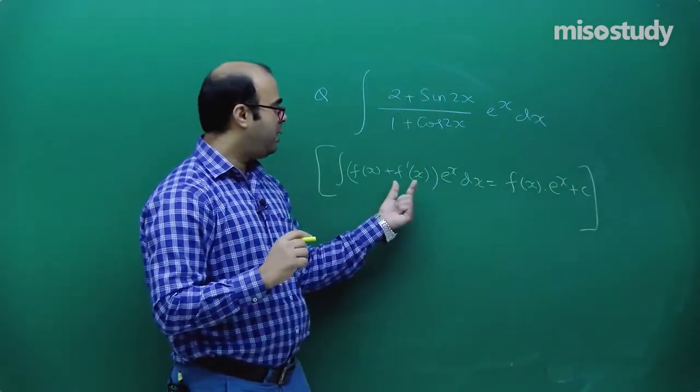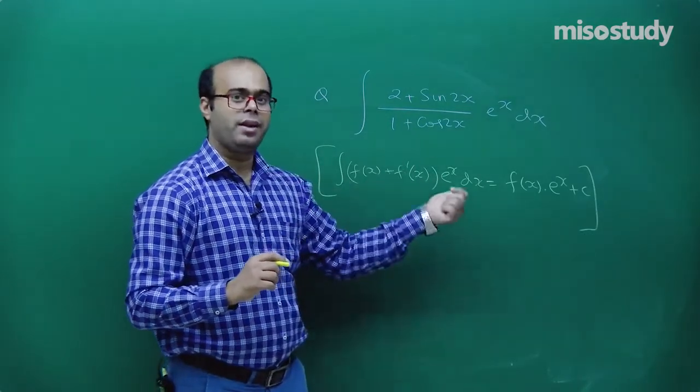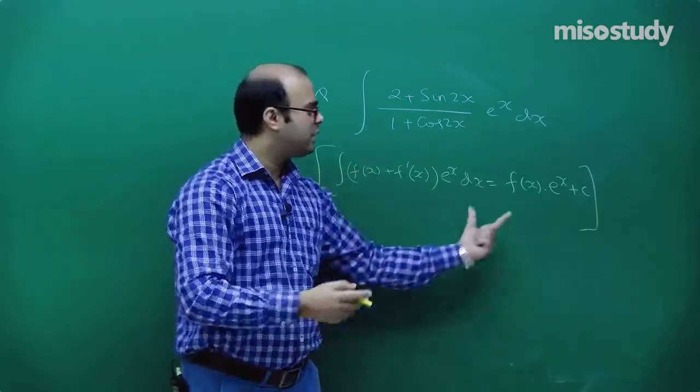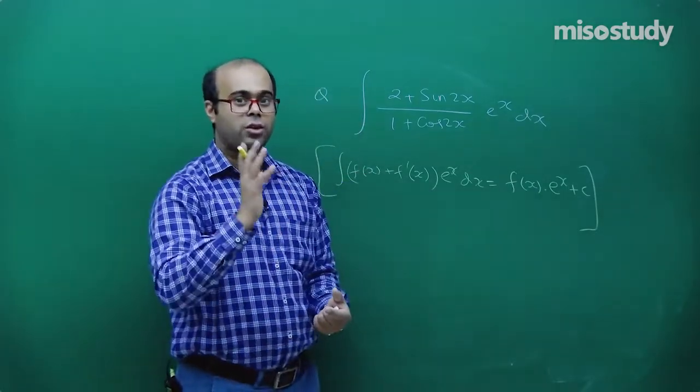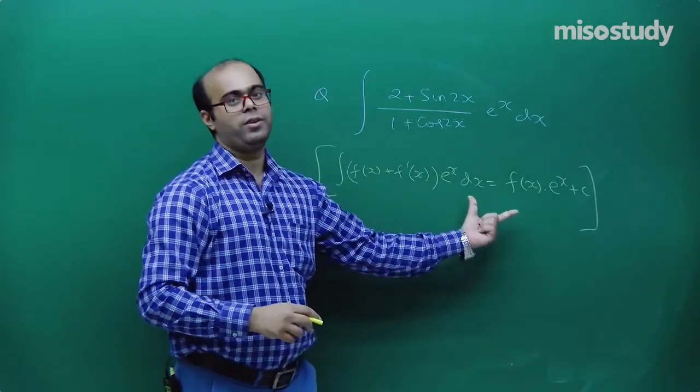We used to apply the by parts method, one term remains, and finally one term will cancel and we get this as the final answer. If you remember this, you can see in the previous lectures. So we know that this is a formula we have.